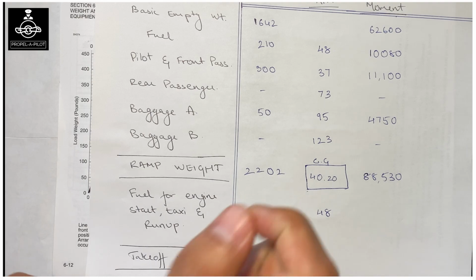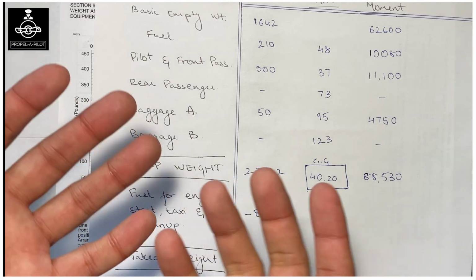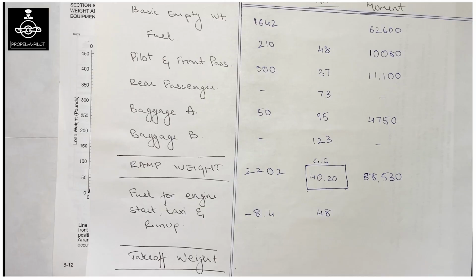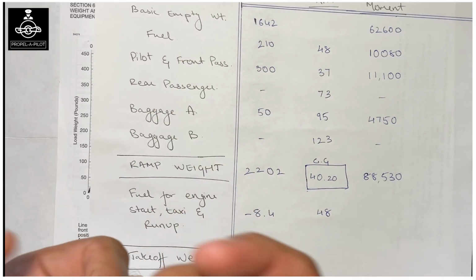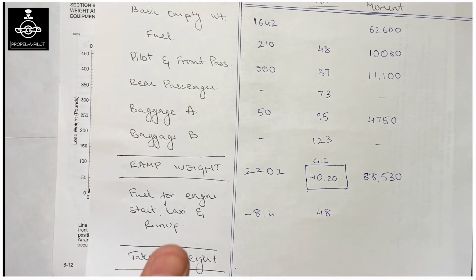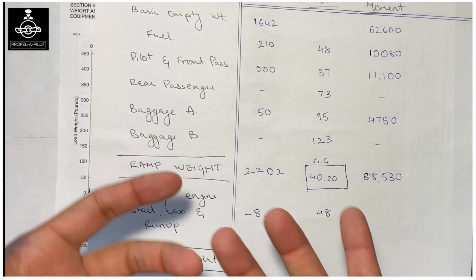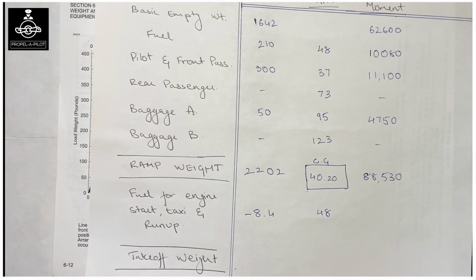You should always do that first, because if the weight exceeds the maximum limitation, then obviously you will have to remove either fuel or a baggage or a passenger, because you cannot fly the aircraft above its operating limitations. So you first calculate this, you are good to go.